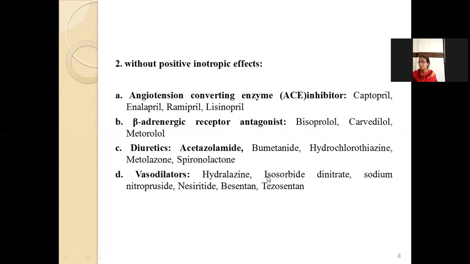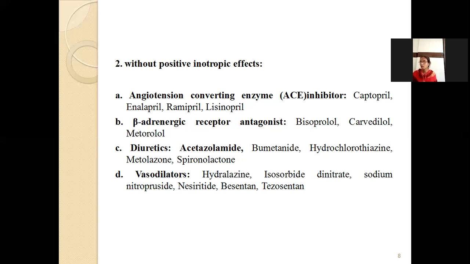Examples are hydralazine, isosorbide dinitrate, sodium nitroprusside, and nesiritide. So these are the drugs which come under the vasodilators, and we have already discussed these vasodilators in the previous topic, like anti-anginal agents in the second unit.